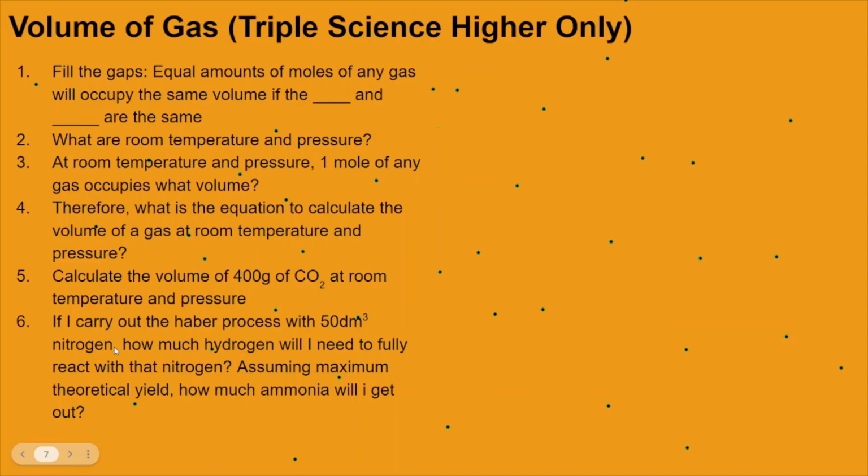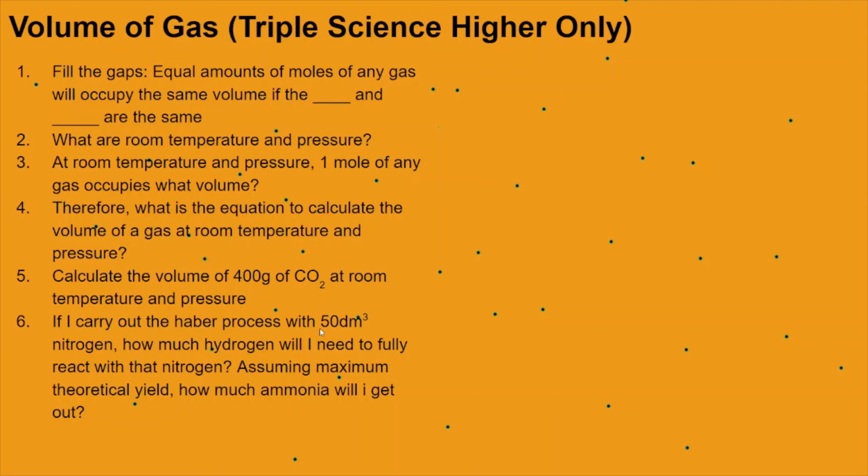You could find the mass of the nitrogen by first of all dividing by 24 to get the moles of the nitrogen, and then you can draw out your table to find mass from the relative formula mass. But because we know the mole-to-mole ratio, because we have 1 mole of N2 plus 3 moles of H2 equals 2 moles of NH3, we covered that earlier in the video, didn't we?